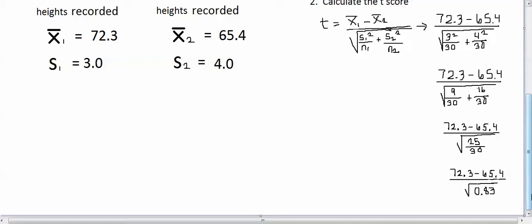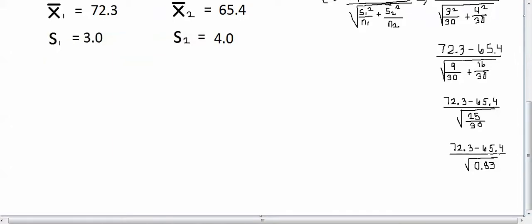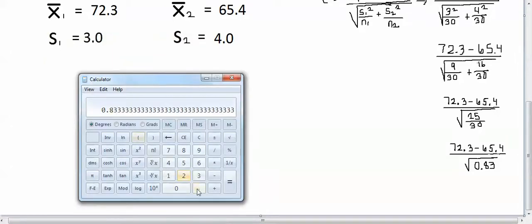Now we're going to take the square root of 0.83. We get 0.91.